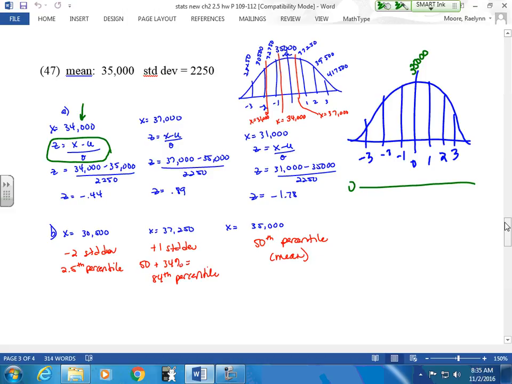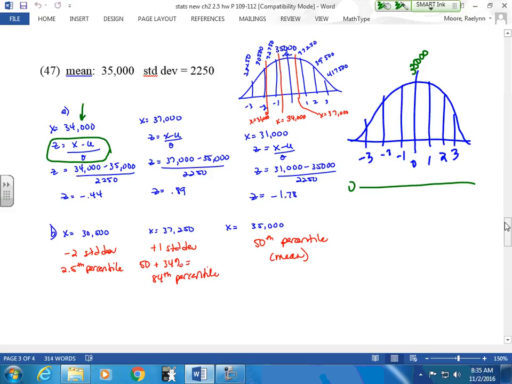This is a good way to remember. If I subtracted it the other way, something's wrong. I need a negative number. So I do that, I divide by my standard deviation, and does my point, negative 0.44, come between 0 and negative 1? Doesn't it? So I should see that it works.